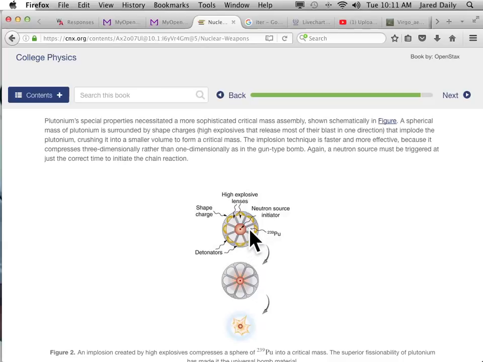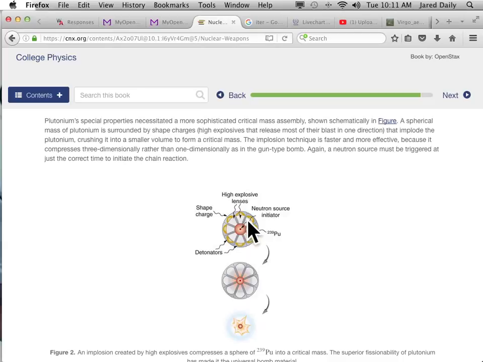And then these inner ones, these gray ones, are fast explosives. They call them high explosive lenses, but what they really are is a slow explosive that ignites a fast explosive. The slow explosive is designed to ignite that fast explosive from the outside inward, so that the outside of the explosive is exploding before the inside of the explosive.